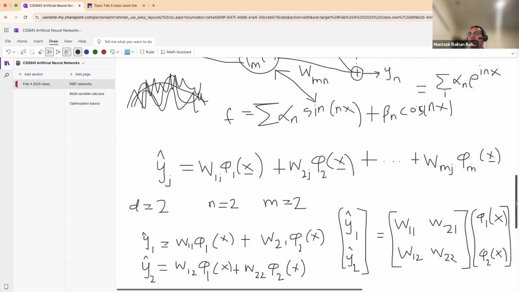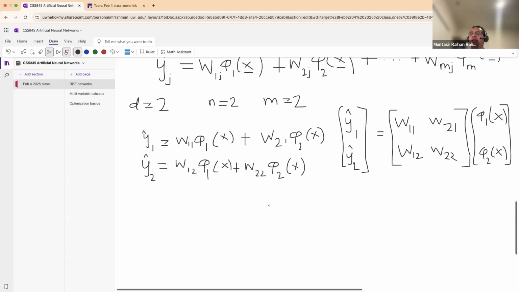But it doesn't really matter because I'm going to transpose the weight matrix. So I'm going to think of a weight matrix W in this case as W11 and W12, and W21 and W22.